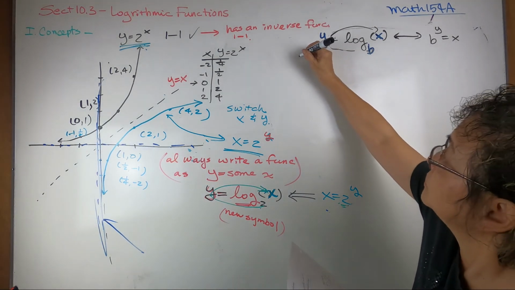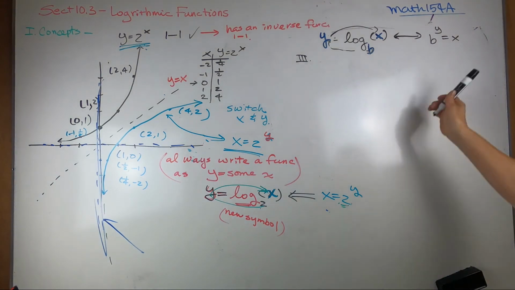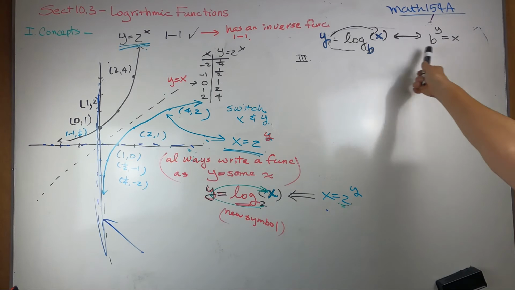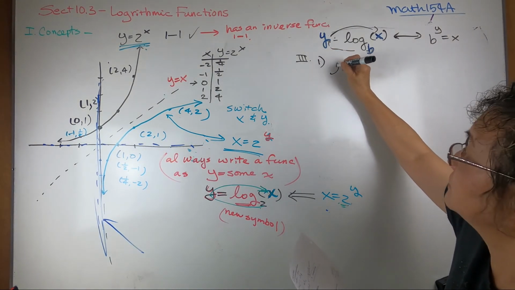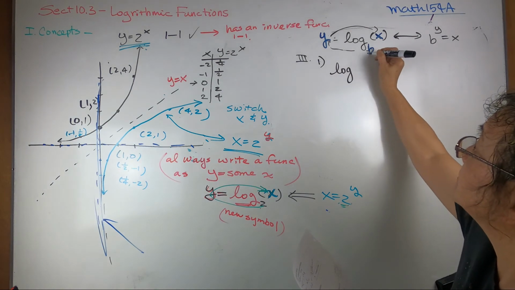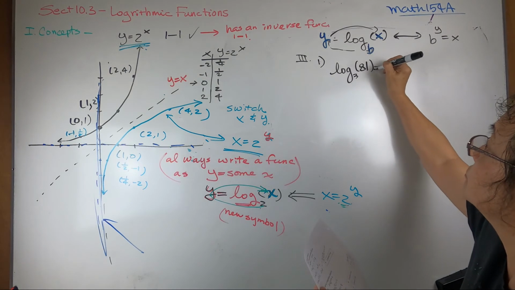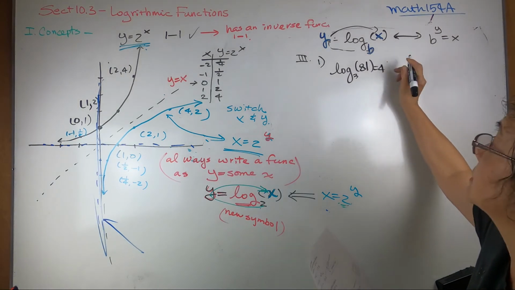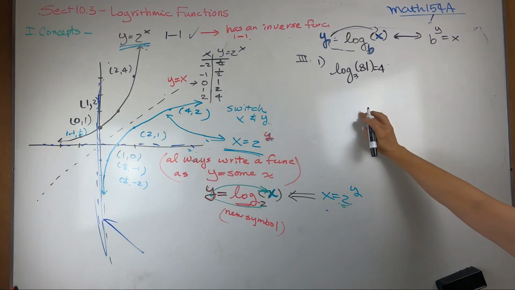If we have this situation, look at your page 37, okay? Let's get familiar with the symbols first. If I have log base 3 of 81 equals 4, what does that mean?